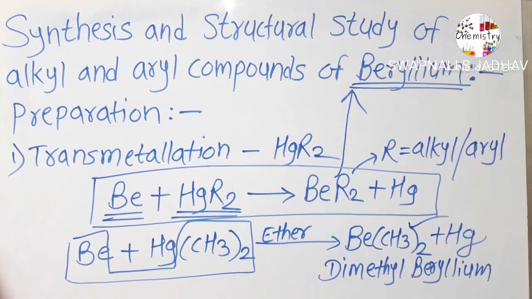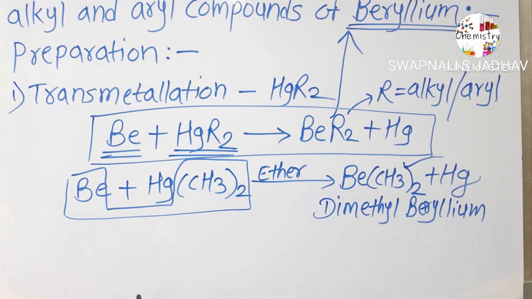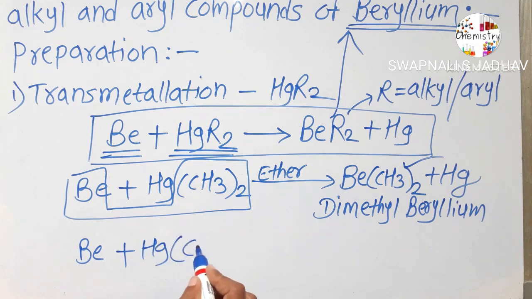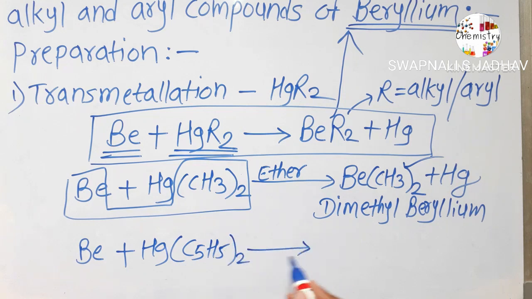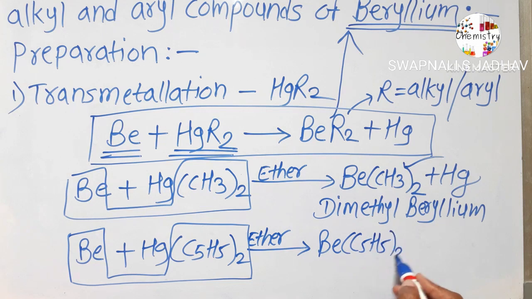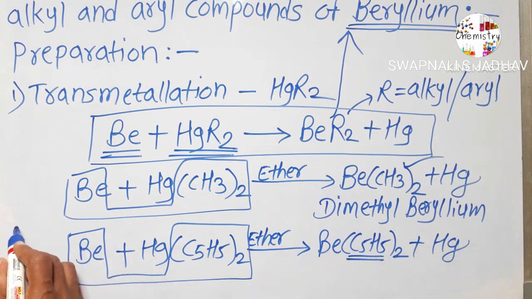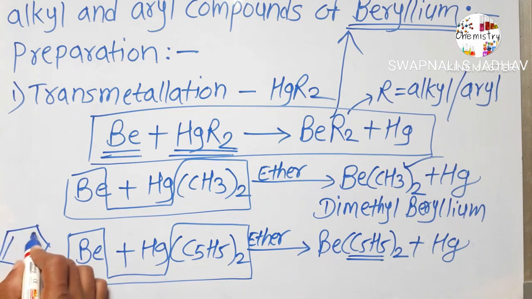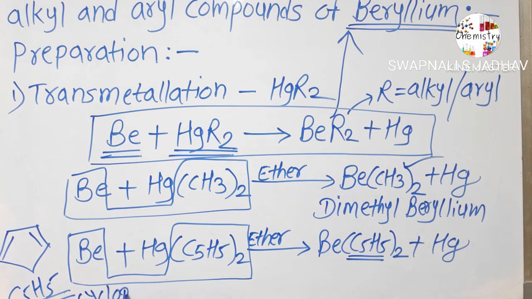Now we see aryl compounds of beryllium. One example is when beryllium is reacted with Hg(C5H5)2 in presence of ether, there is formation of Be(C5H5)2 plus mercury. Here C5H5 is known as cyclopentadienyl.